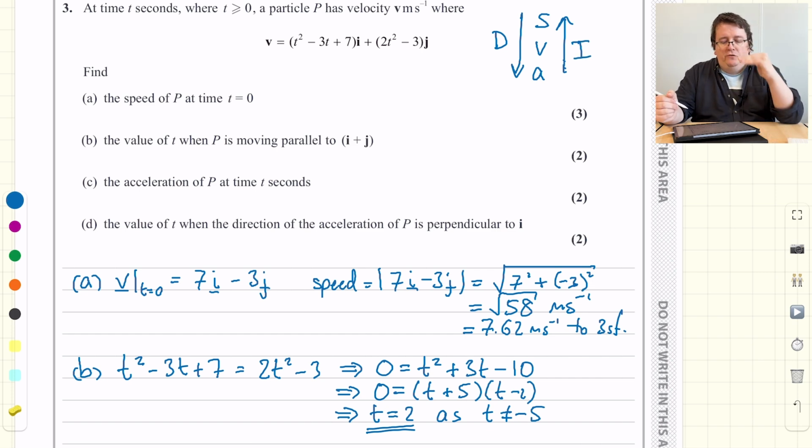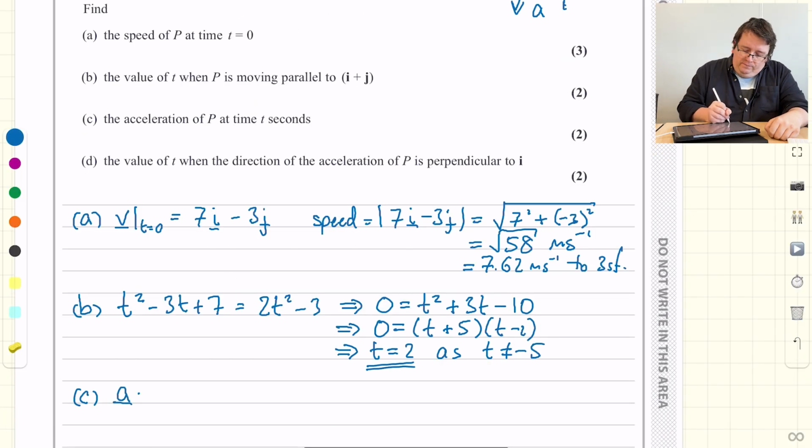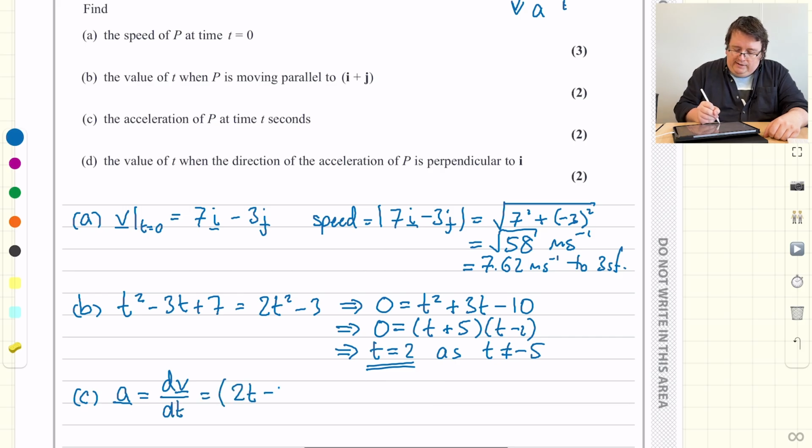Okay, so because you've got velocity and we want acceleration, we've got to differentiate our way down. So acceleration is dv by dt. So that's going to be (2t take away 3)i, and then 4tj, and that's meters per second per second.